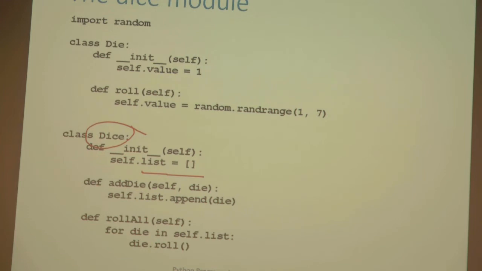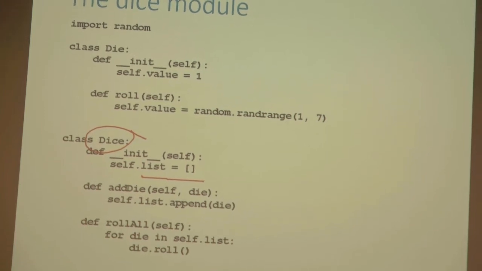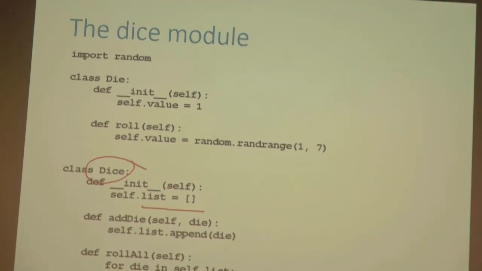So by default, when you start, the value is always 1. If you don't roll it, what is the value? 1. What are the functions I could apply on this die? Roll. Anything else I can? Could I say eat it? Could I tell the die to walk, run, dance? The only thing I could do with it is roll.